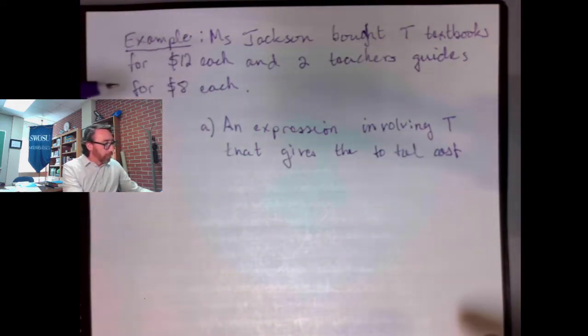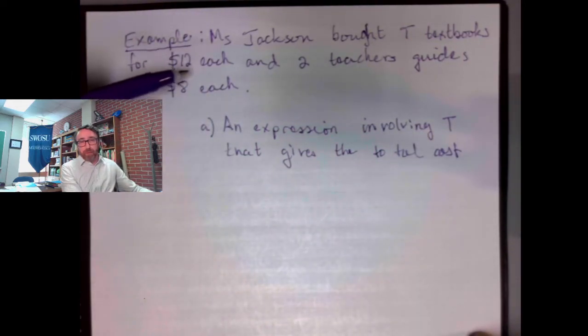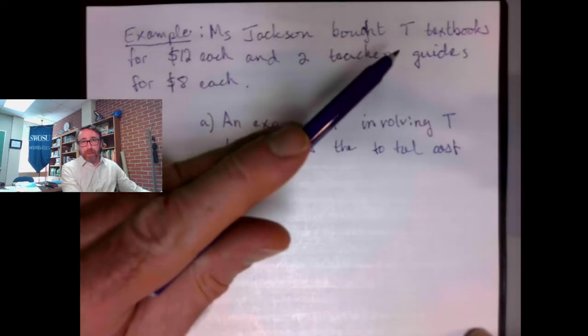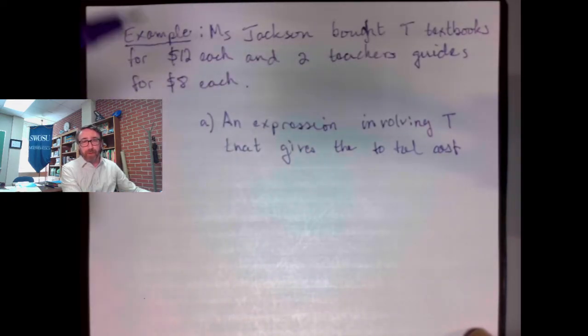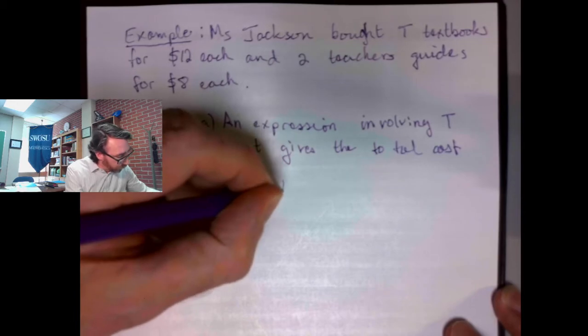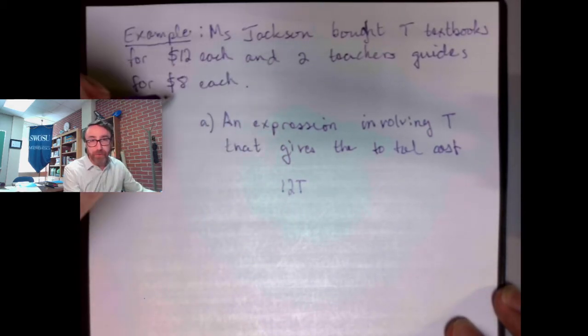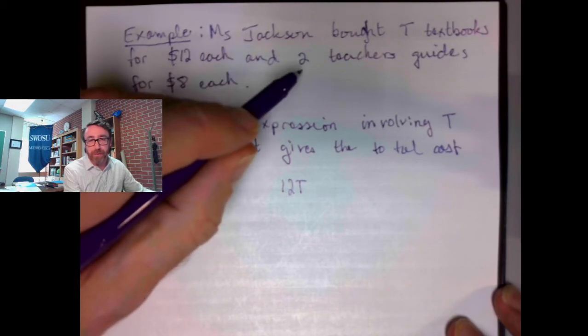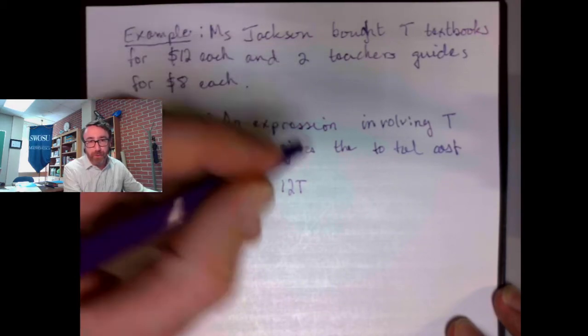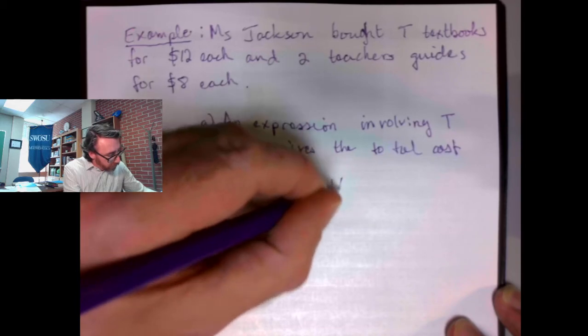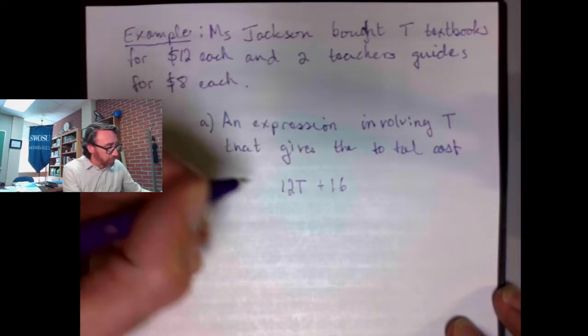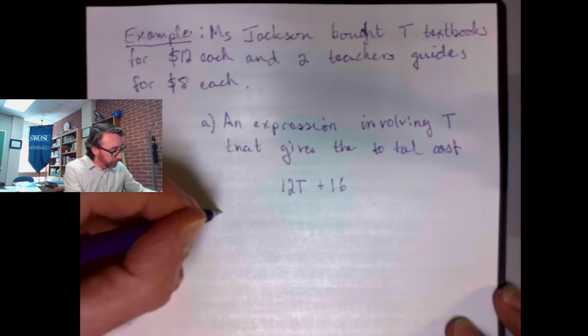Well, the textbooks cost $12 each, so no matter how many you buy, you take that number, multiply it by 12. So you have 12T. That's the cost from your textbooks. You've also got the teacher's guides to throw in there, but it says right here she bought 2 of those. They each cost $8. So her total cost would be 12T plus 16.